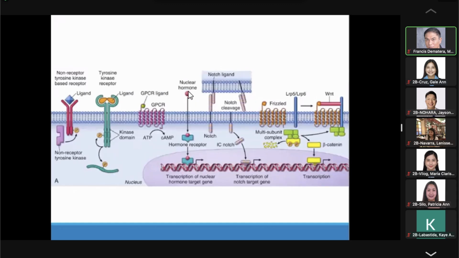For nuclear receptors, such as in lipid soluble ligands, they diffuse into the cells and they bind to the nuclear DNA. For Notch ligand, the receptor is cleaved and undergoes nuclear translocation.